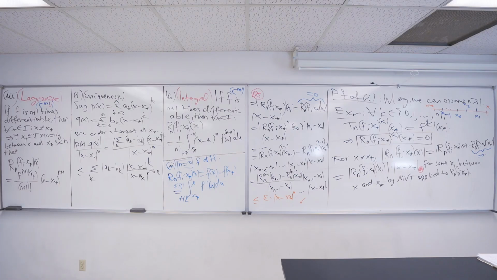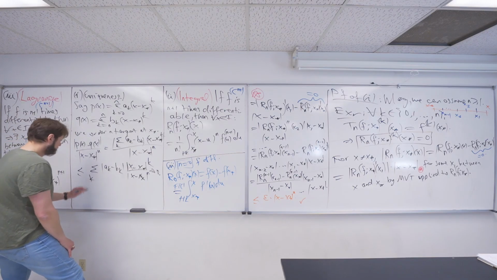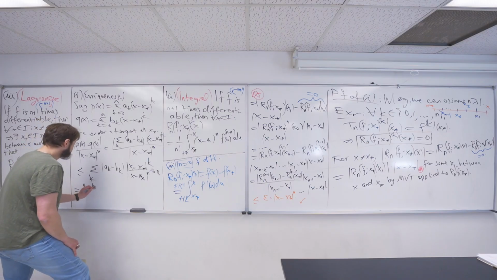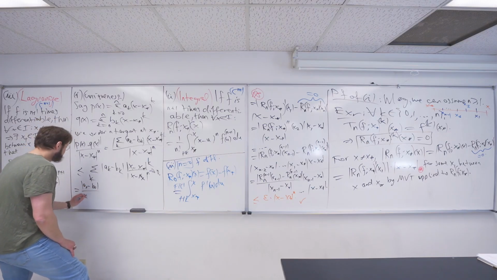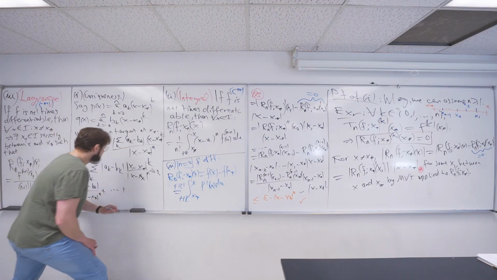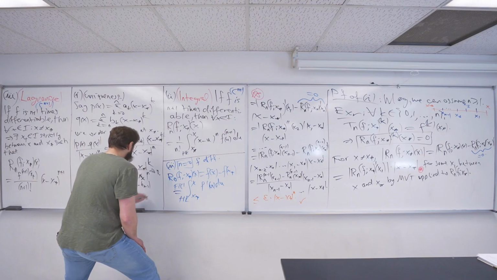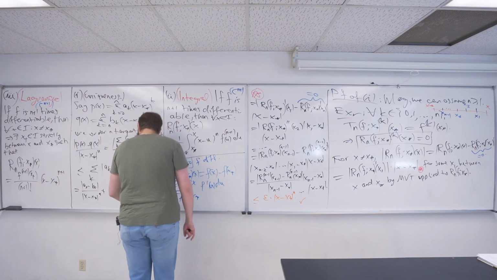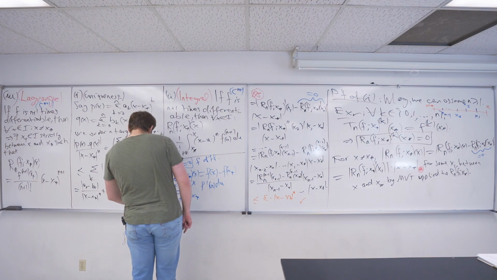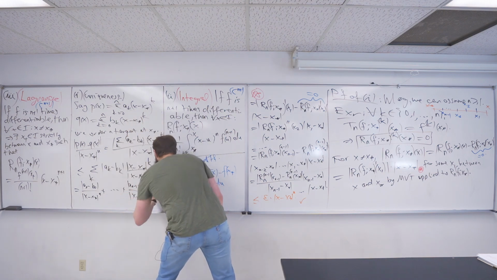You're going to realize this is of the form: the absolute value of a0 minus b0 divided by x minus x star raised to the power n, plus dot dot dot, plus a sub n minus 1 minus b sub n minus 1 in absolute value divided by x minus x star, like this, and then the top order terms.